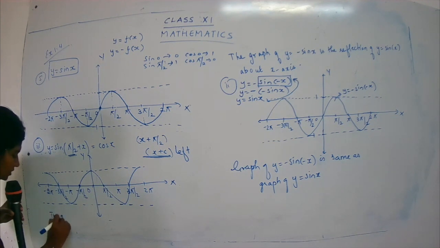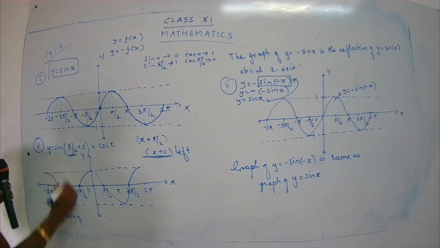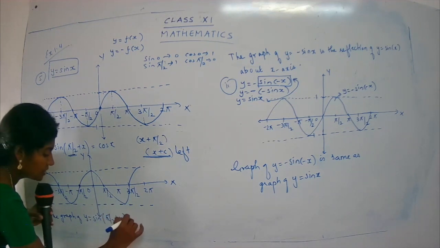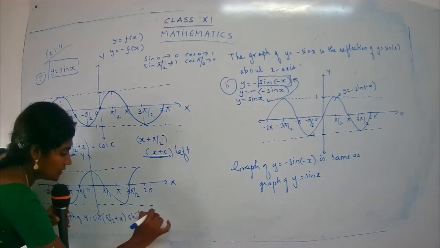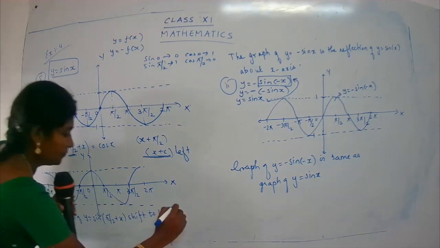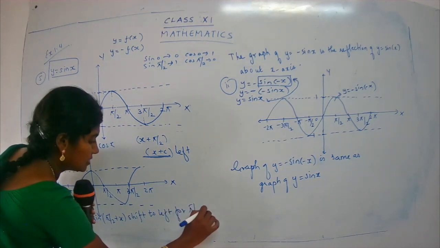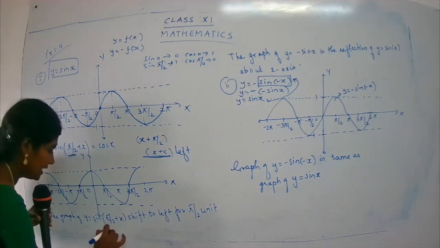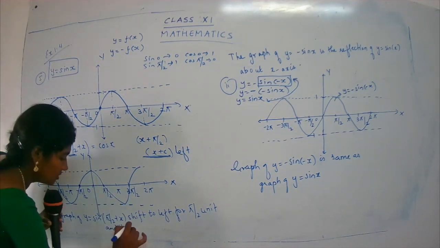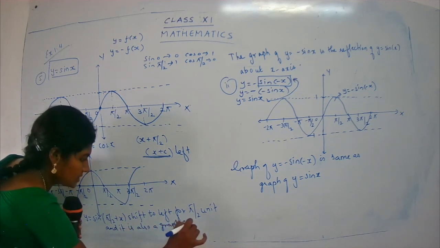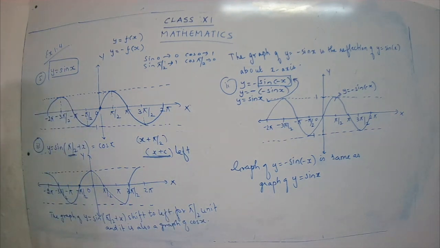So I'll just write: the graph of y is equal to sin(pi by 2 plus x) shifts to the left for pi by 2 unit, and it is also the graph of cos x.